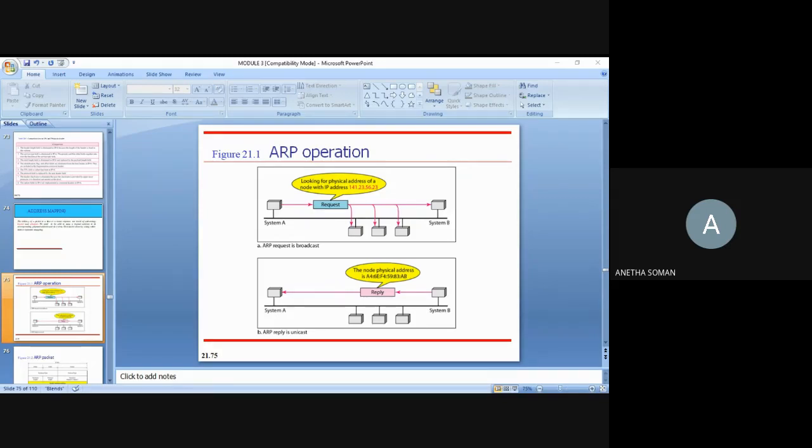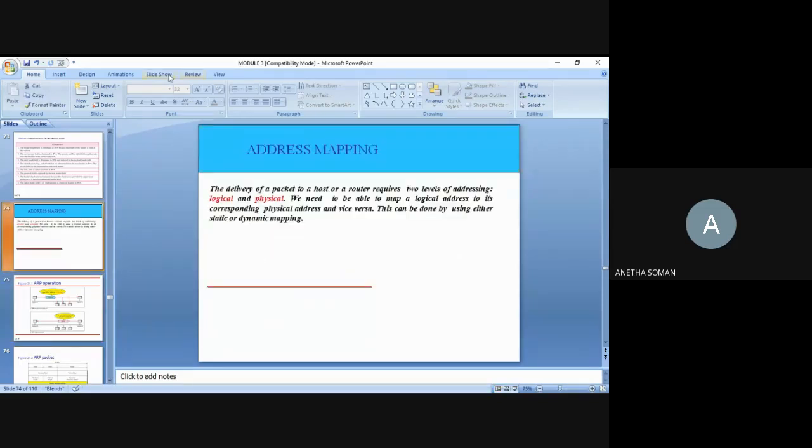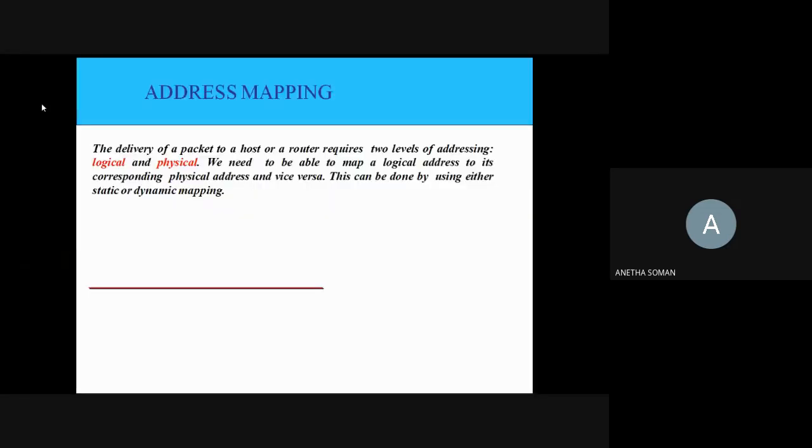Today we will be seeing the topic address mapping. When I was discussing the first module, I gave a brief idea about address mapping. I don't know how many of you remember that. Anyway, let me discuss address mapping in today's class.